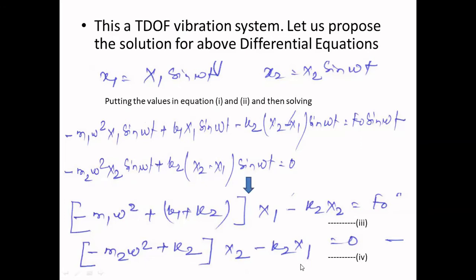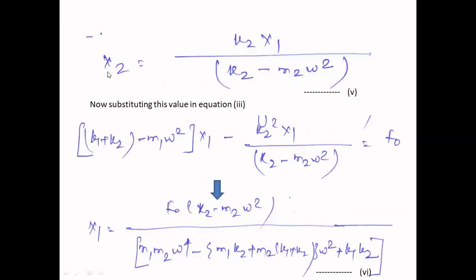Further solving, we first calculate the value of x2 in terms of x1 from equation number 4. So the value of x2 is calculated by simple mathematical manipulation out of equation number 4.